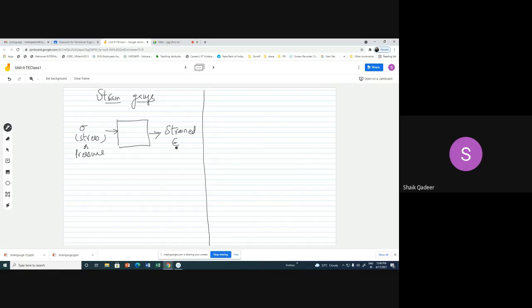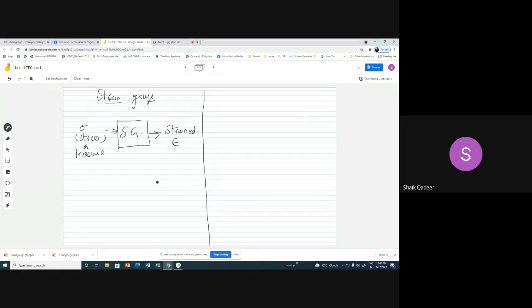What is this representation? Epsilon. See, this is sigma, this is epsilon, right? So strain. So a strain gauge is a device which takes stress or pressure as input and gives strain as output.